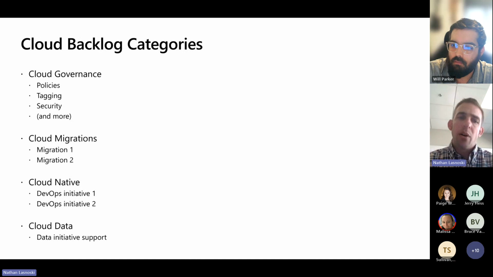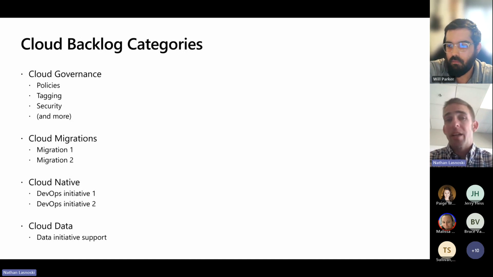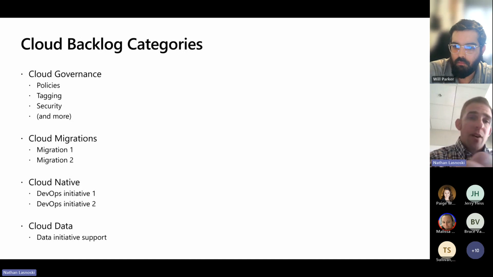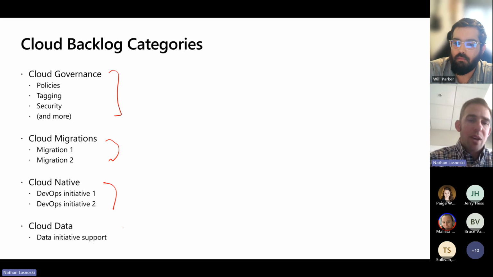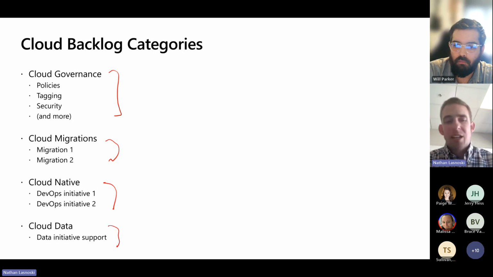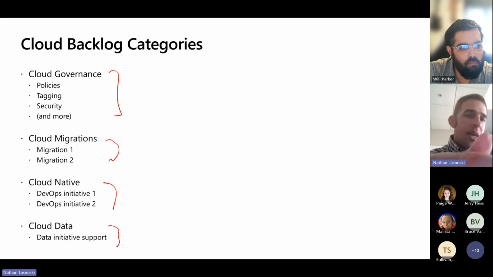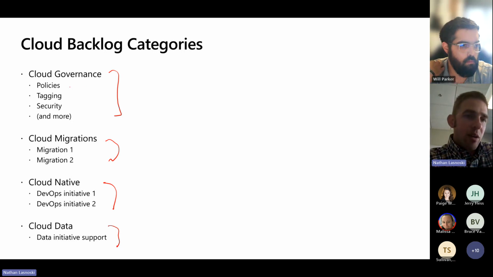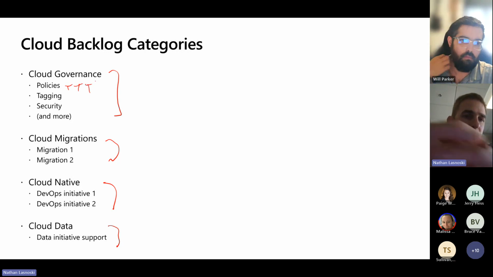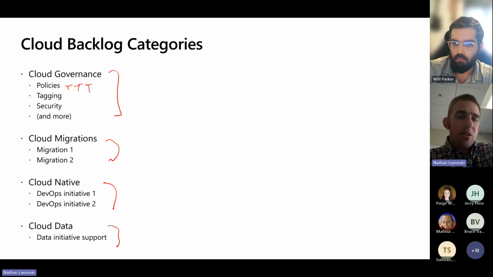But then they also build out a backlog that contains activities they're performing against those domains. So they have a backlog epic for governance, migrations, cloud native activities that are being supported, cloud data activities that are being supported. And anywhere within these are PBIs or sub tasks that are being applied to certain team members that are then performing those activities.